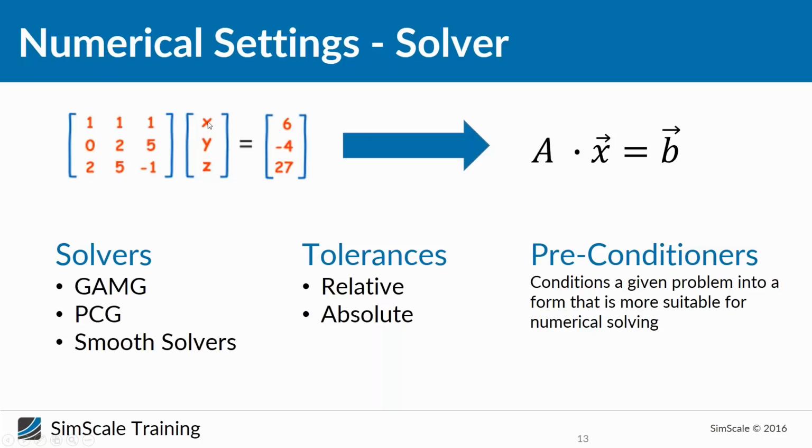And as you know, what is this basically saying? Basically, if you would multiply the first line, it would say 1x plus 1y plus 1z is 6. And 0x plus 2 multiplied y plus 5 multiplied z is minus 4. You know, that's the way we have to read these equation systems.